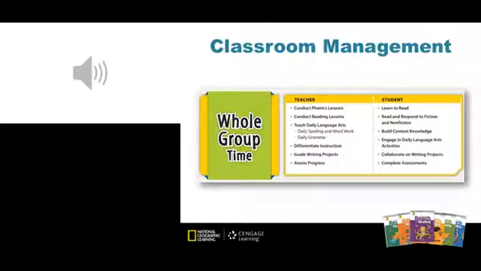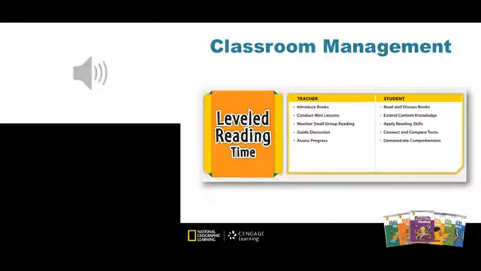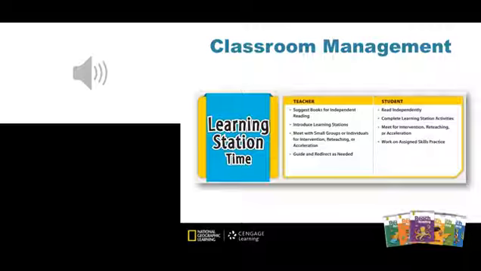If you're following along in your Teacher's Edition, you can find this in the front of the book. If you're in the Unit 1 Teacher's Edition, it's found right behind the Unit 1 tab. The instruction for Reach for Reading is set up in a workshop-based model, beginning with whole group instruction, before moving on to leveled reading time and learning station time.